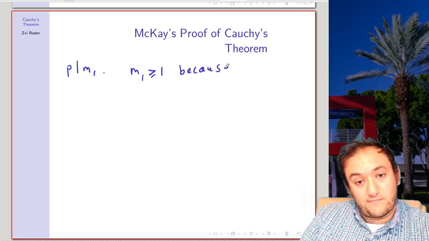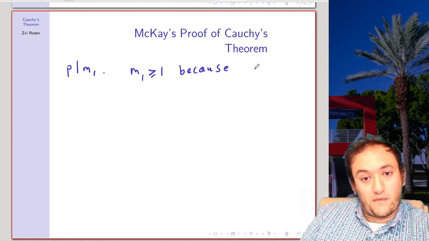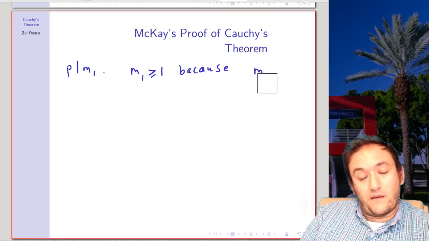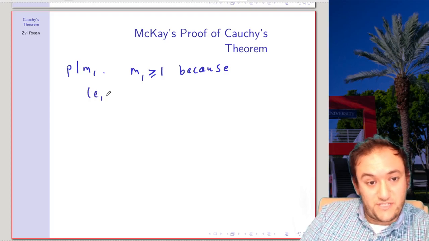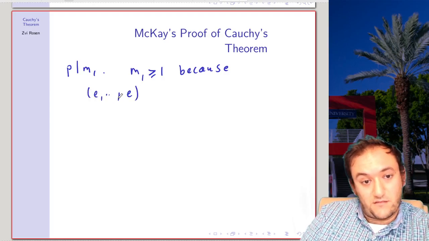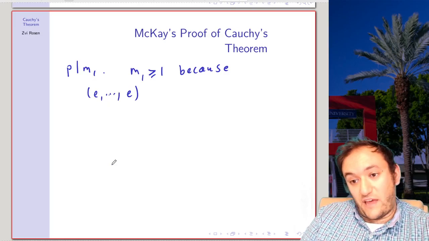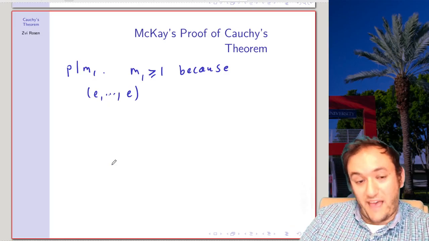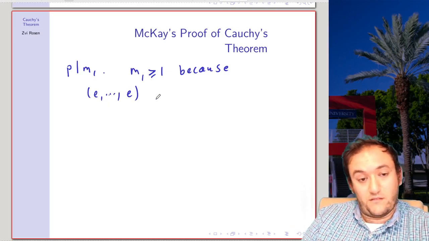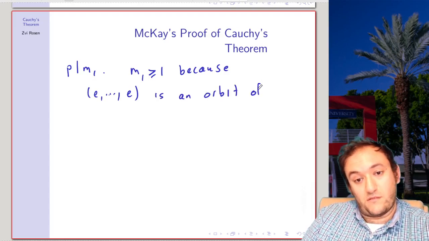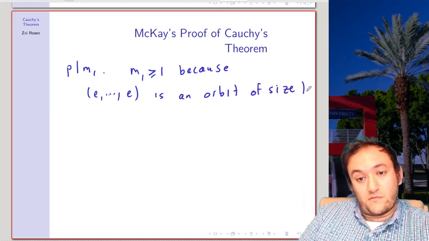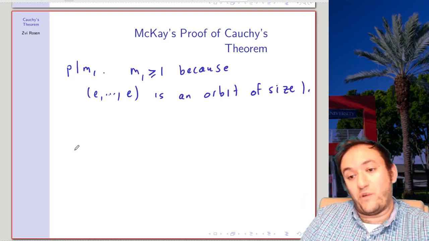Because we know that the element, which is just e's, when I do a cyclic shift, I just get the same element back. Okay? So this is an orbit of size 1. So I can't just say, oh, m1 equals 0.